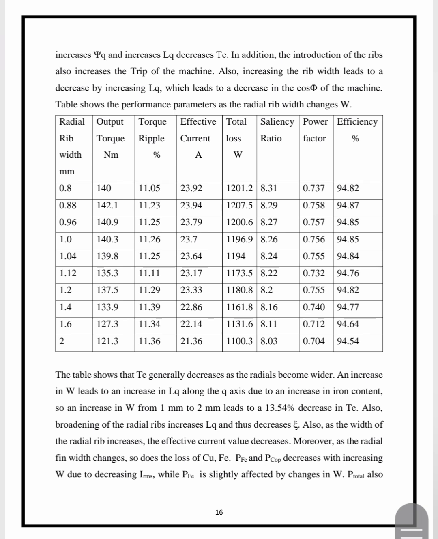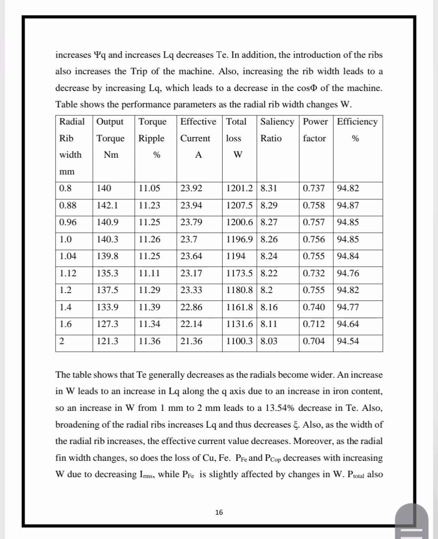The table shows that output torque generally decreases as the radial rib becomes wider. Increase in the power losses leads to an increase in the insulation ratio along the q-axis due to the increase in the iron content. So an increase in the rib width from 1 millimeter to 2 millimeters leads to a 13.54% decrease in the output torque.